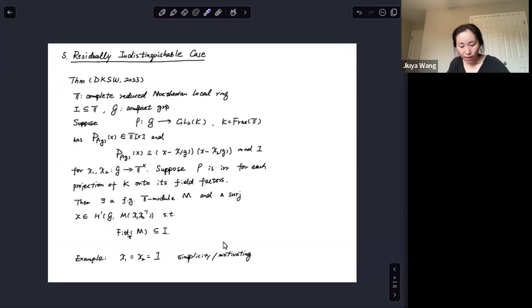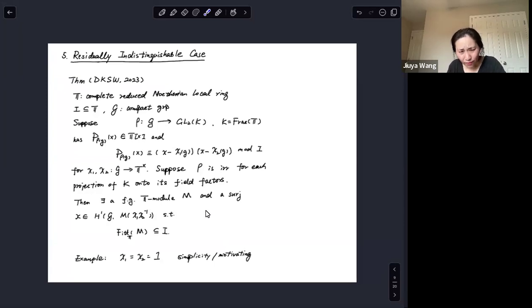Then, similarly to what Shomit modified in the morning, we also need to assume that the map from the group ring into the 2x2 matrices is finitely generated. Then there exists a finitely generated T module M and a cocycle in K-valued cohomology with the condition that the Fitting ideal of the module is contained in I.